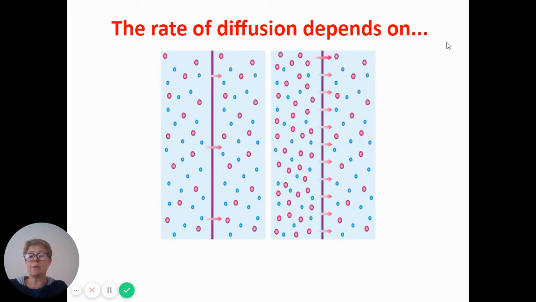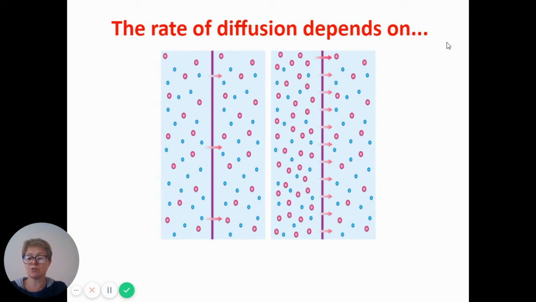The type of membrane makes a difference, but also the difference in concentration. So on the left-hand side, the picture shows a slightly higher concentration on one side of the membrane compared to the other, whereas on the right-hand picture, we've got a much higher concentration of one particle compared to the other.